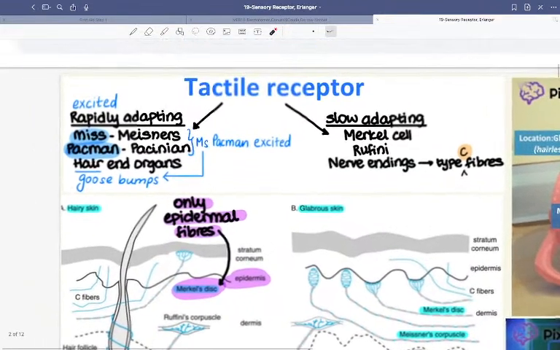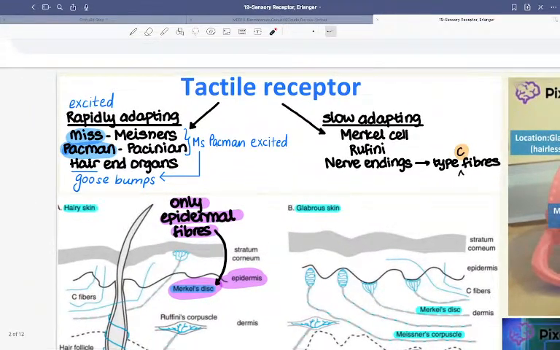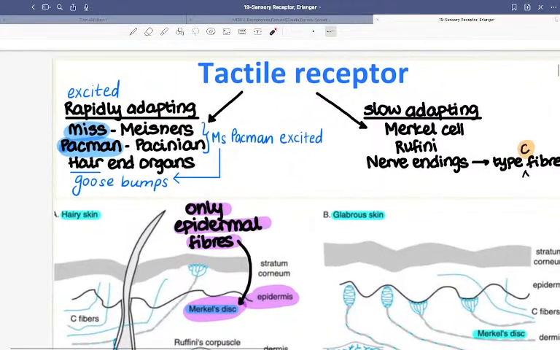See, tactile receptors are divided into rapidly adapting and slow adapting. Ma'am had given this mnemonic, Miss Pacman Meissner's: Meissner's and Pacinian are rapidly adapting, while Merkel and Ruffini's are slow adapting. Miss Pacman is rapid, she gets excited, she gets goosebumps.